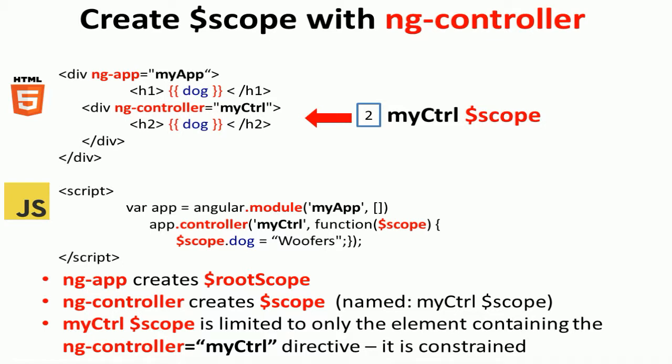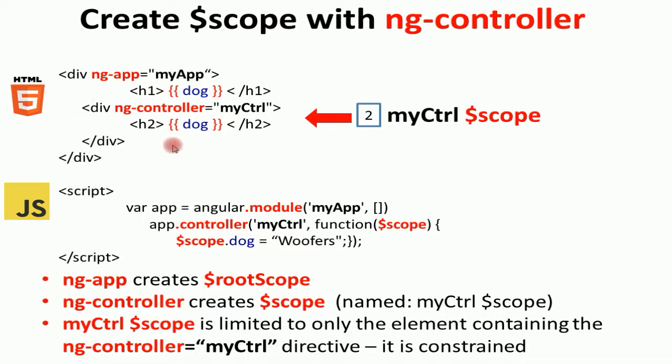Unlike the rootScope, which is available to the entire Angular application, hence all view elements included in the Angular application, the myCTRL scope is exclusively constrained to the view element containing the ng-controller directive with the myCTRL value.